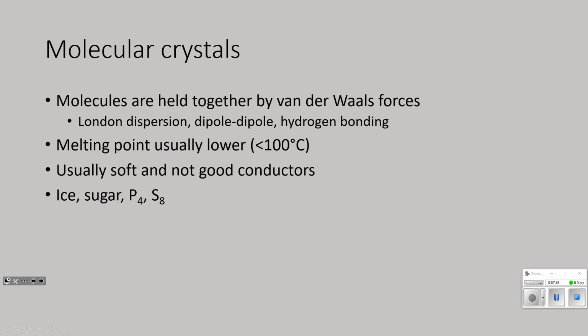Now, in the examples I give 2 examples at the very end that might look a little obscure to you, P4 and S8. You've been taught about diatomic elements, H2, O2, N2, so on and so forth. There are some nonmetals that phosphorus on its own typically exists in a 4-atom molecule.